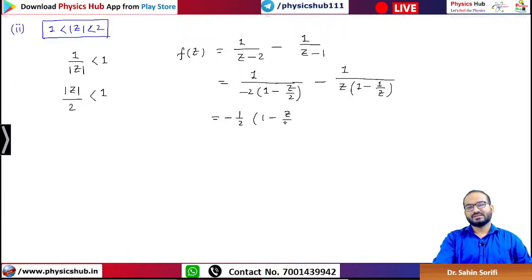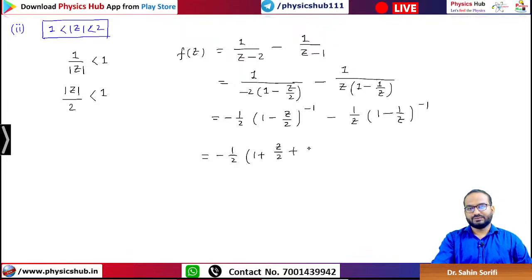1 minus z by 2 inverse minus 1 by z, 1 minus 1 by z inverse. So this will be your minus half, 1 plus z by 2, z square by 4 and so on, minus 1 by z, 1 plus 1 by z, 1 by z square and so on.